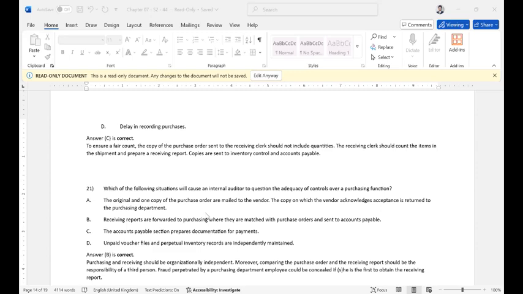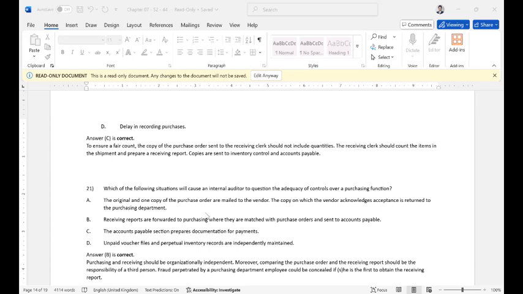The answer says it should be done independently.